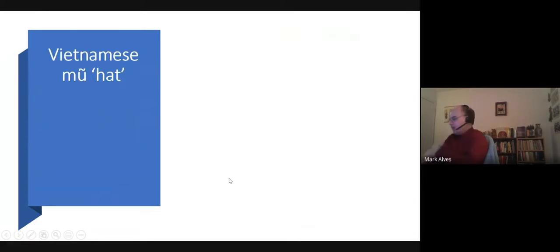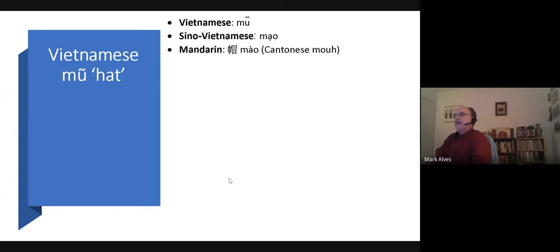Okay, let's go back to those examples of hats. Let's get ready to finish here. Vietnamese mu, hat. Let's go through the list. Mu, there for hat. Sino-Vietnamese Mao, fine. Mandarin Mao, Cantonese Mo. There's that Middle Chinese, we can see is still also kind of a Mao form.